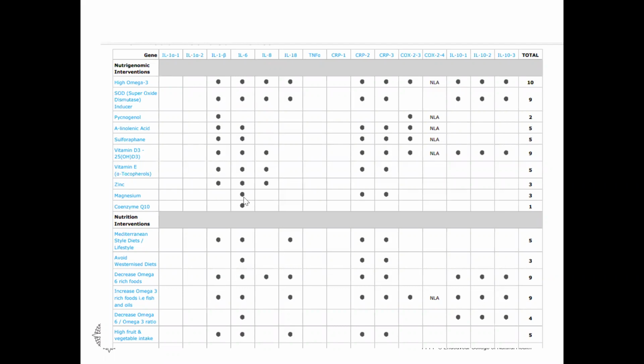I'll have to go back to the report. COX-2 and COX-3 we will study in session 10. I know that's the inflammatory pathway. Just wondered what NLA stood for. Sorry, can't remember. That's all right, Nancy. I knew there was a COX-2 pathway, but I had heard of the COX-3, but I hadn't heard of the COX-4. No worries.